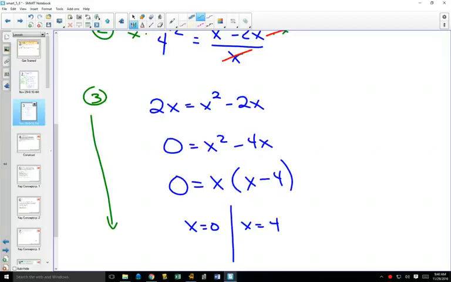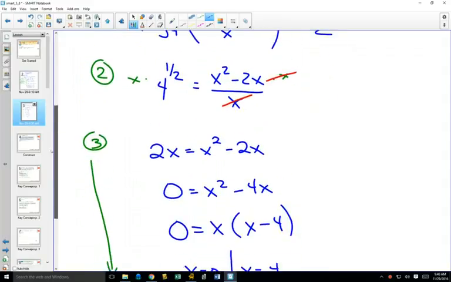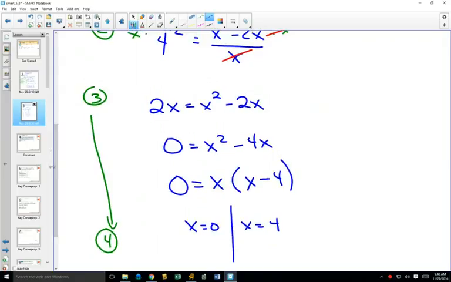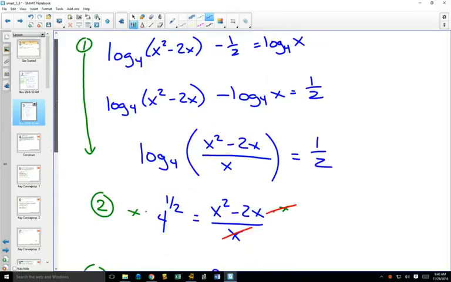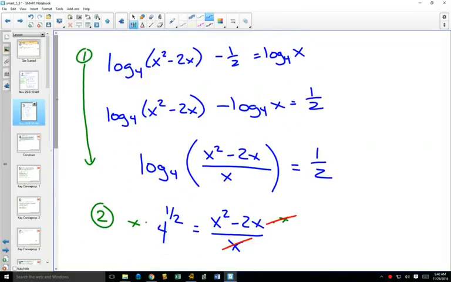The last thing we need to do is check our answers by plugging them back into our original equation. And the reason I chose this example is I wanted you to get an example where, for example, when I plug in 0, can you see in this first one that this would be 0?